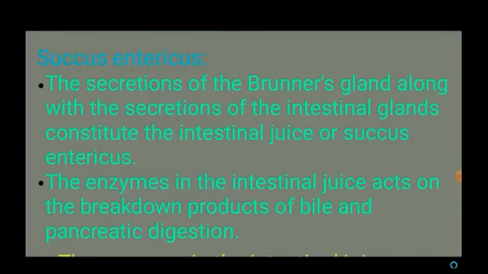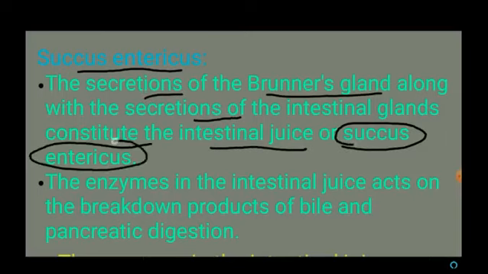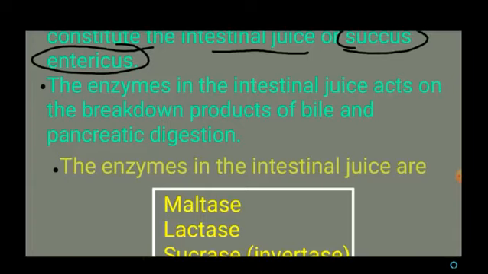Next we are going to see about succus entericus. The duodenum of the small intestine possesses a gland that is called Brunner's gland. The secretion of the Brunner's gland and the secretion of the intestinal gland constitute the intestinal juice. It is also called succus entericus. The enzymes present in the succus entericus act upon the broken down products of bile and pancreatic digestion.